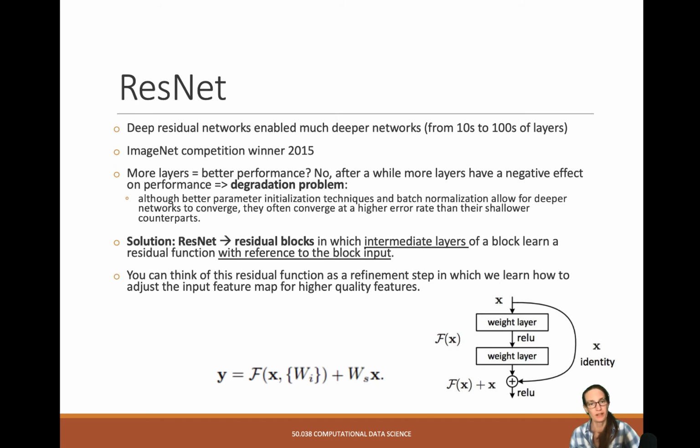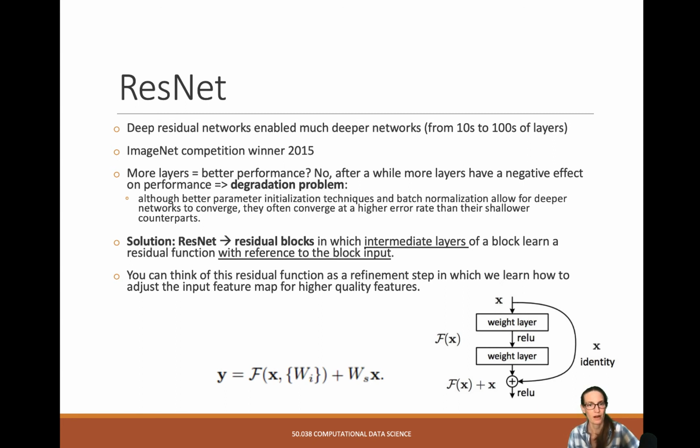ResNet, a super famous network, which won the ImageNet competition the year after, is an even deeper network. It ranges from tens to hundreds of layers. A popular one is ResNet 50, but you also have ResNet 100, ResNet 152, etc. So the question is, do more layers always increase the performance? No, right? After a certain point, you don't have enough data, or the layers start having a negative effect on the performance because your original image degrades too much.